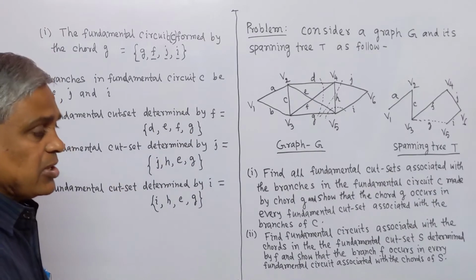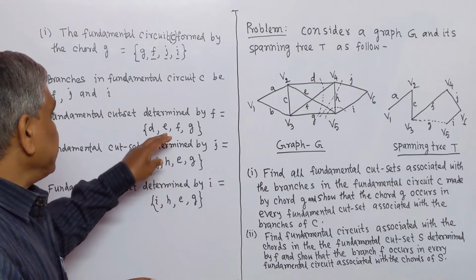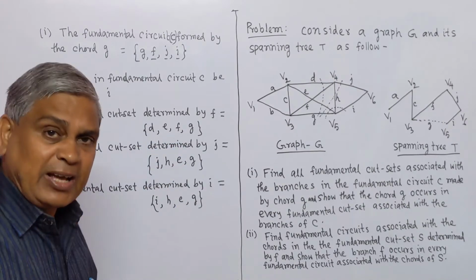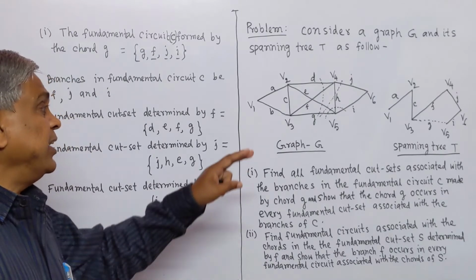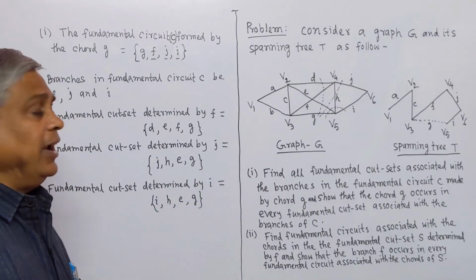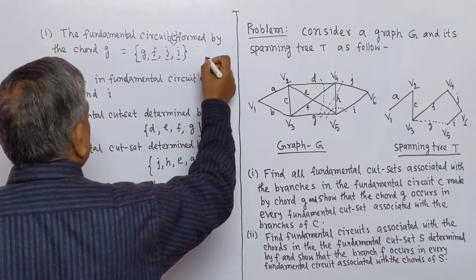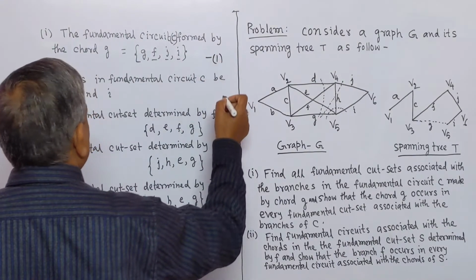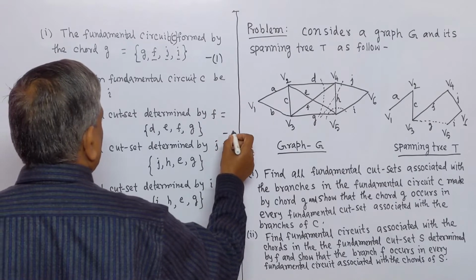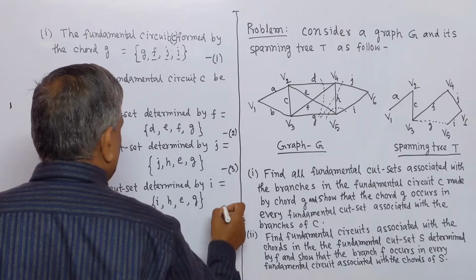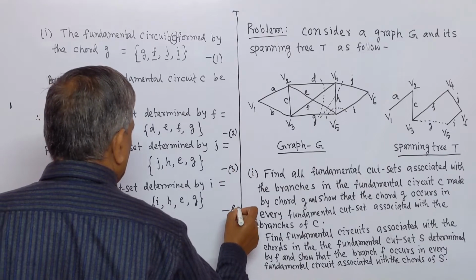Fundamental cut sets means the cut set will contain exactly one branch of the spanning tree and other edges are chords. Let this is number 1, this is number 2, this is number 3 and this is number 4.